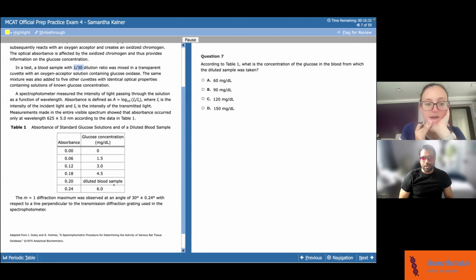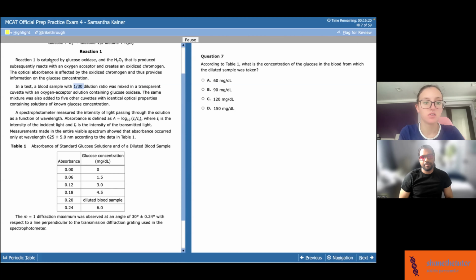So what is this question asking? The concentration of glucose in the blood from which the diluted sample was taken. So the blood sample, it's this line that we're looking at.